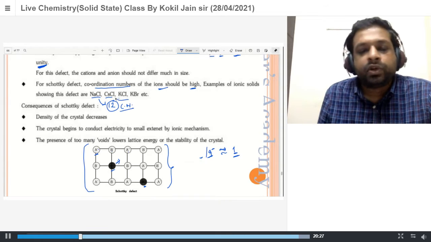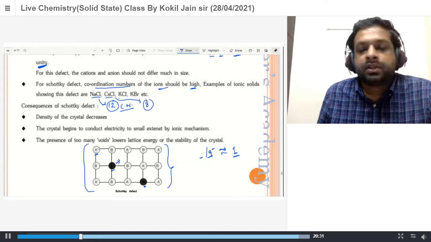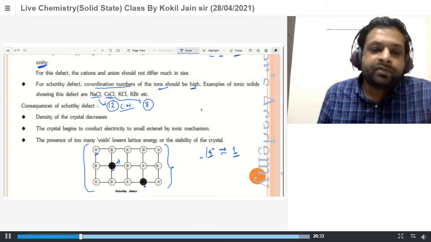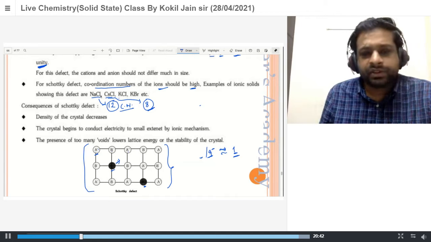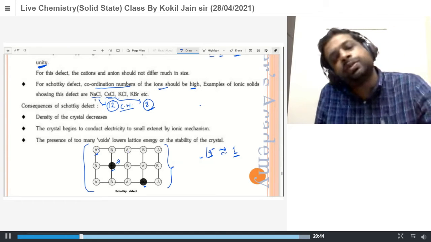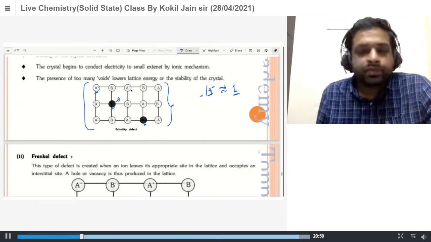CsCl, what was the coordination number? 8. Eight cesium ions were enclosing one chloride anion. Coordination number was 8 here. In case of NaCl, coordination number was 12 here.